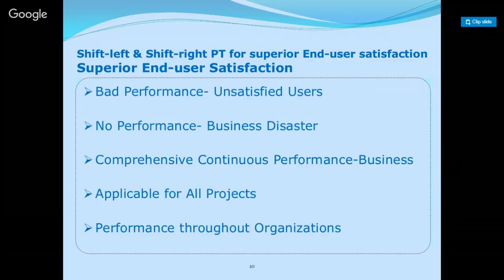And what will happen to your internal users? Their application is slow, their productivity will decrease, your operation cost will increase, and they will be demotivated. All these aspects are not good for your business, right? So comprehensive continuous performance testing, if you start in the early stages and do it seriously, can make you business in the long run.